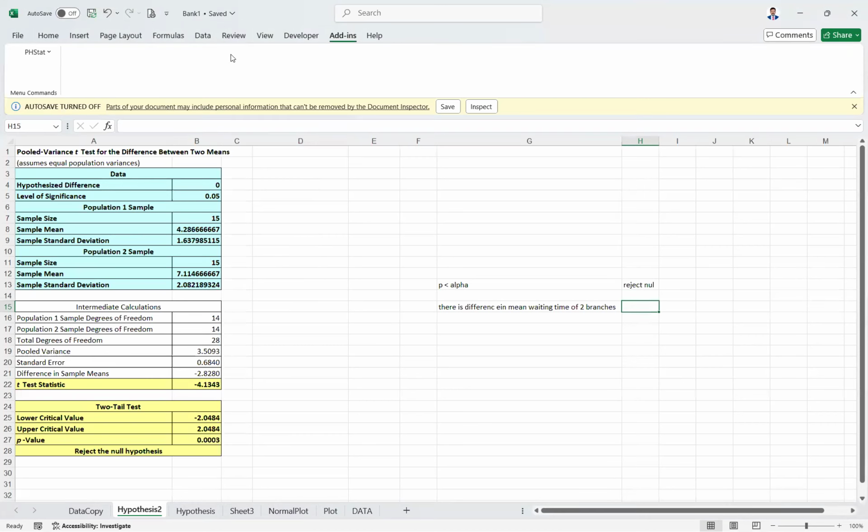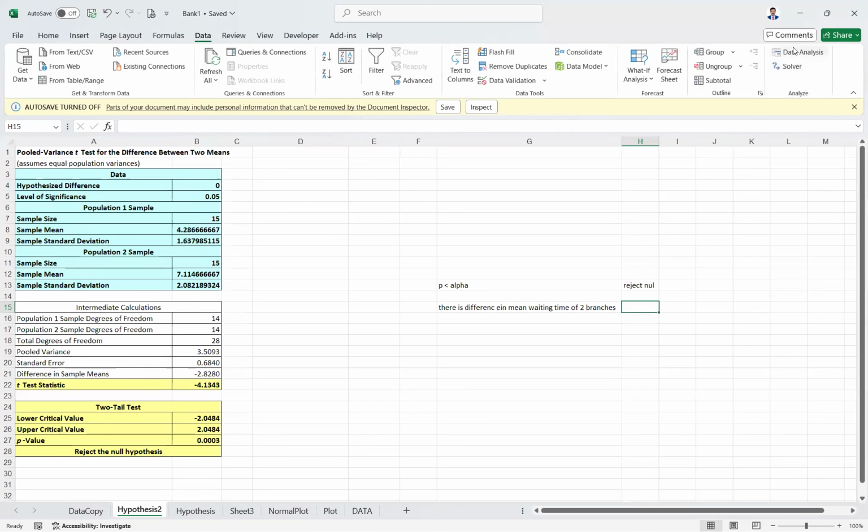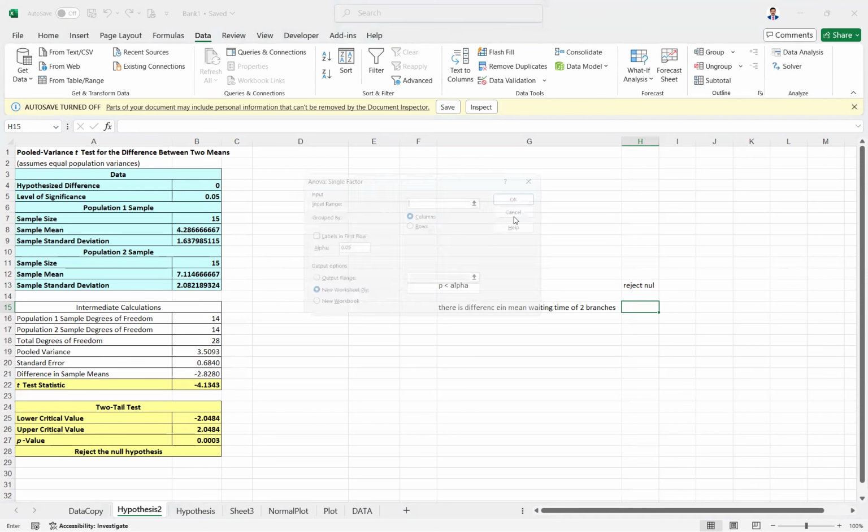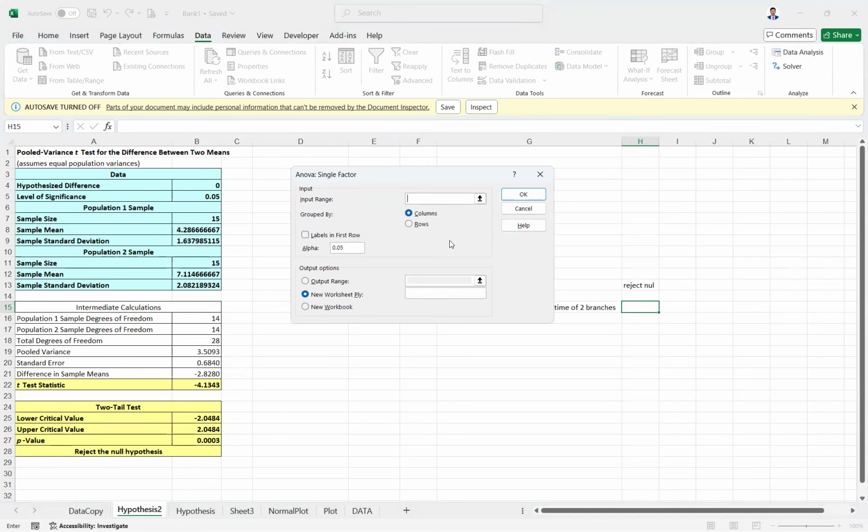You can do ANOVA here using Data Analysis, ANOVA with single factor. Two factor is not in the syllabus, so leave it. In the input range, you give all the columns and select the labels in the first row. Then alpha is the level of significance, it is always 0.05, and then you click OK. You will get the output.